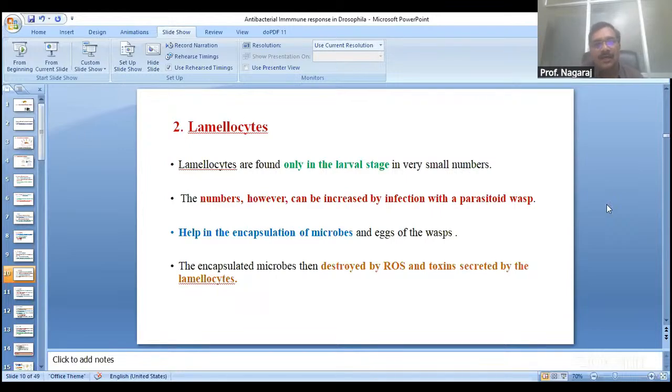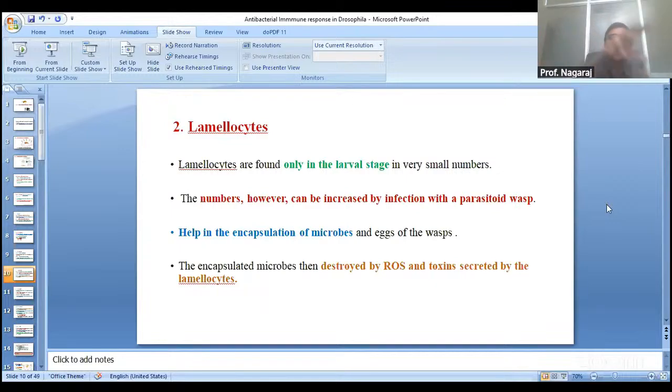Lamellocytes are very few in number. They are found only in the larval stage. They can be increased by infection with a parasitic wasp. When a parasitic wasp infects the larva, you will see an increase in the number of these lamellocytes as a response to this pathogen, and they help in the encapsulation of microbes and eggs of the wasps.